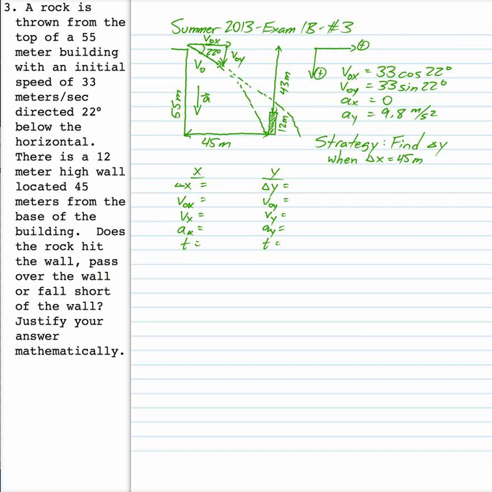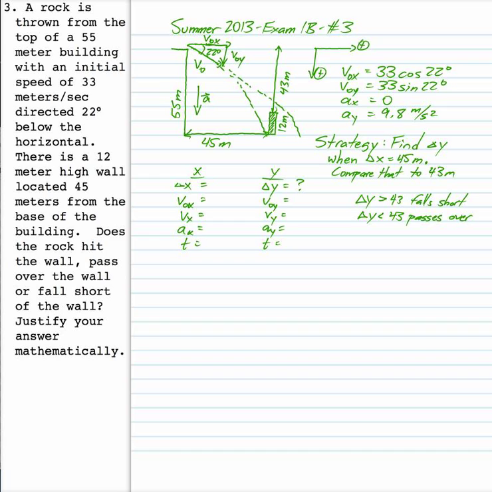I want to know how far it has traveled in the y direction, and I'm going to compare that to 43. And so if delta y is greater than 43, then it falls short. And if delta y is less than 43, then it passes over the wall. So delta y is what I'm going to try to find.